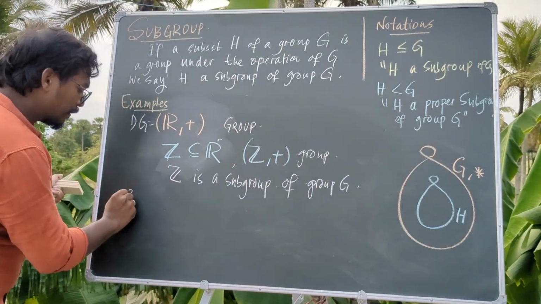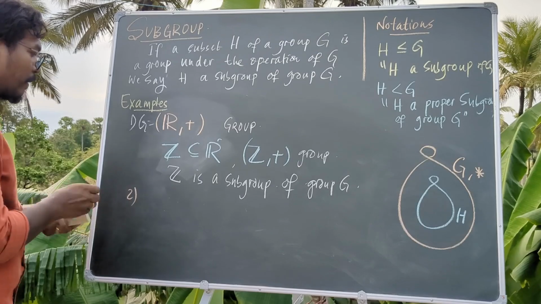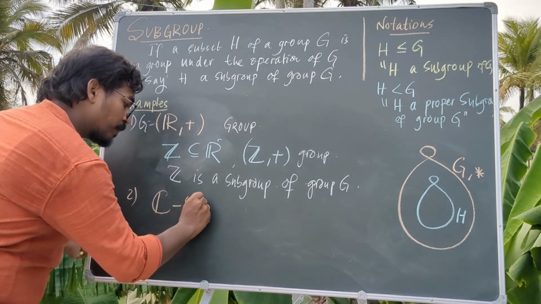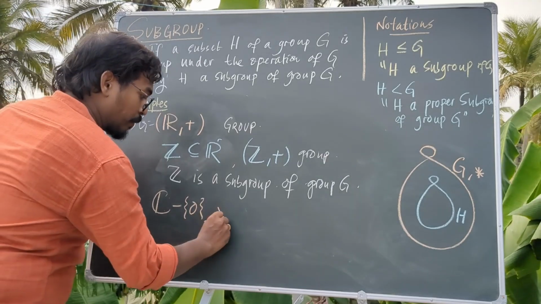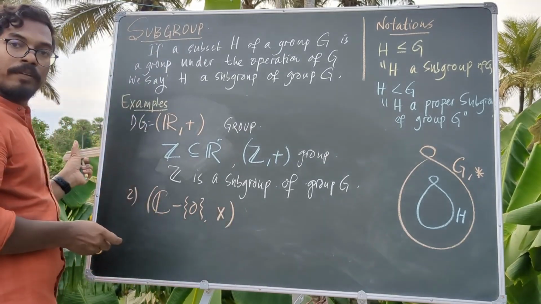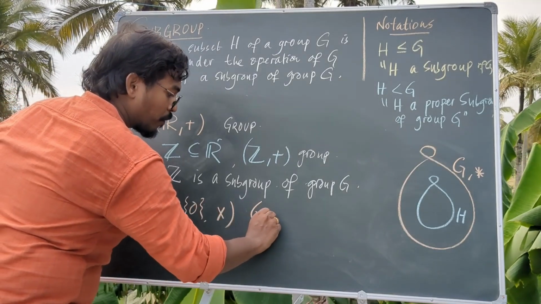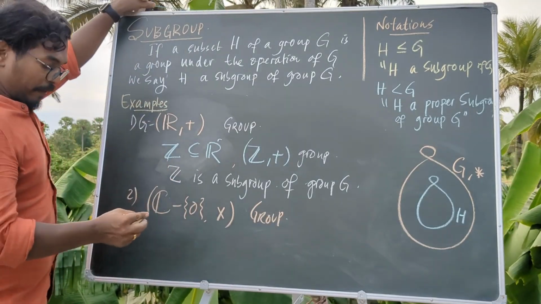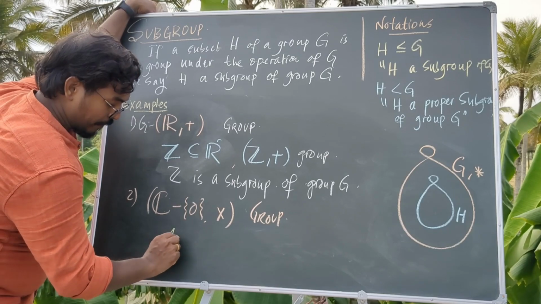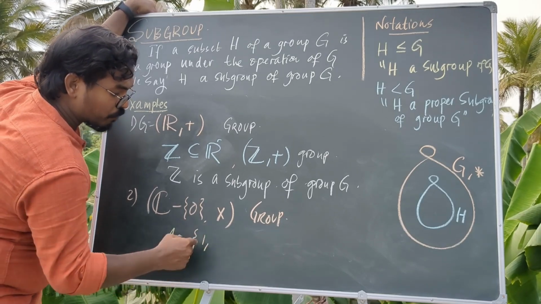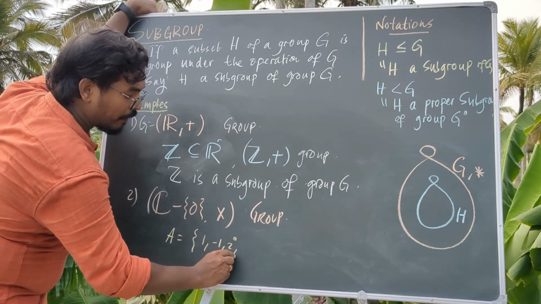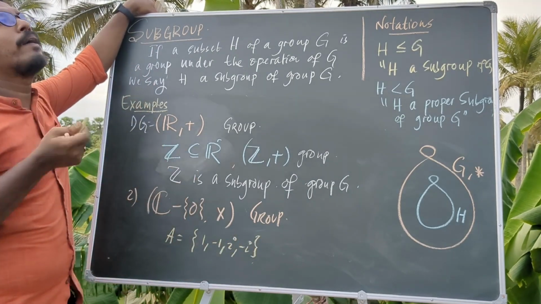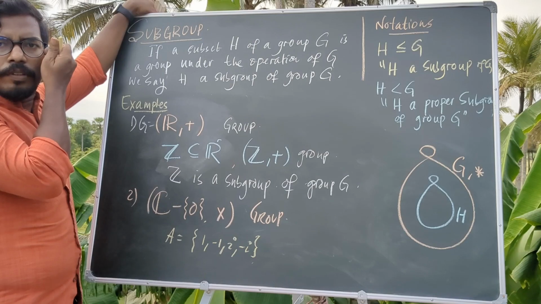Second, we have also seen the set of non-zero complex numbers under multiplication is a group, and this set we have already seen, 1, -1, i, -i, in the video of binary operation.